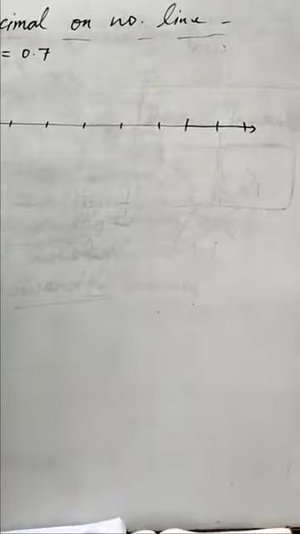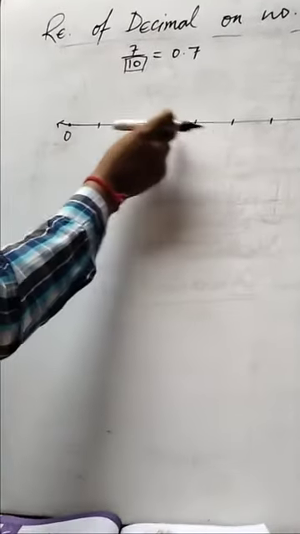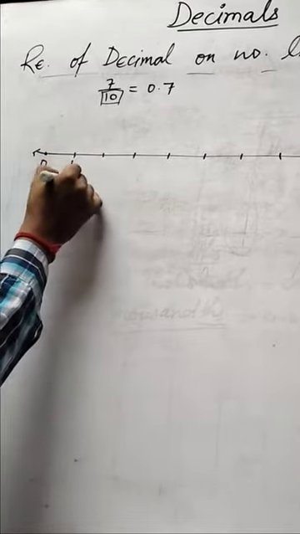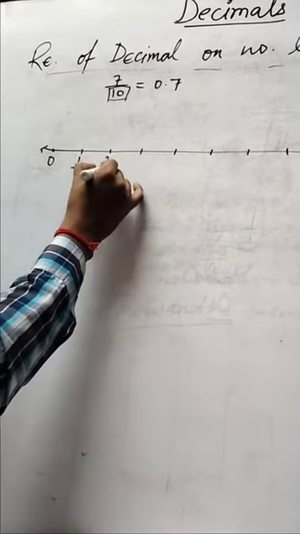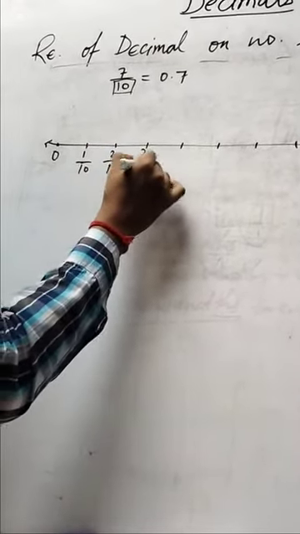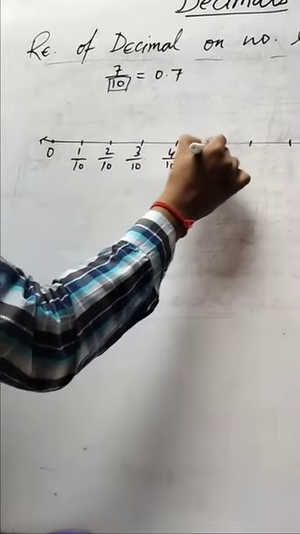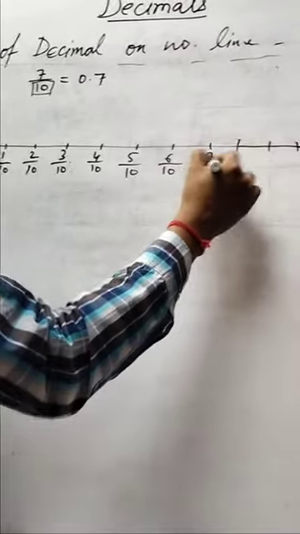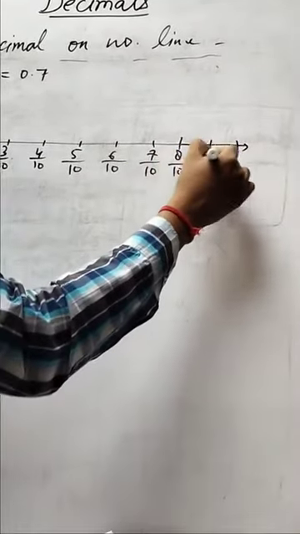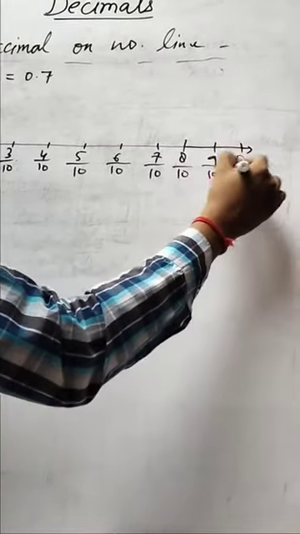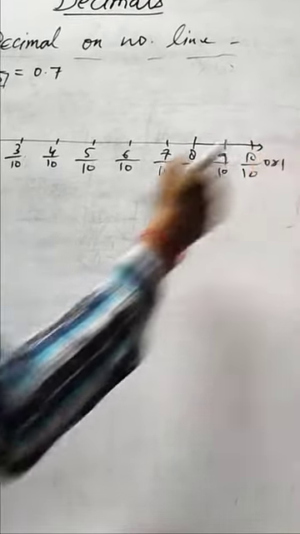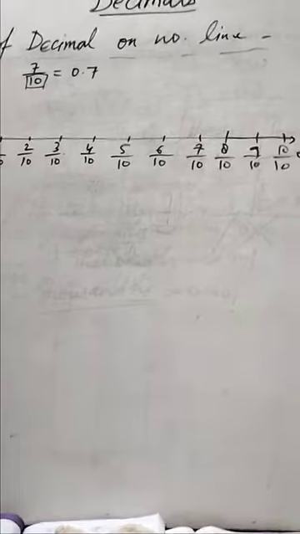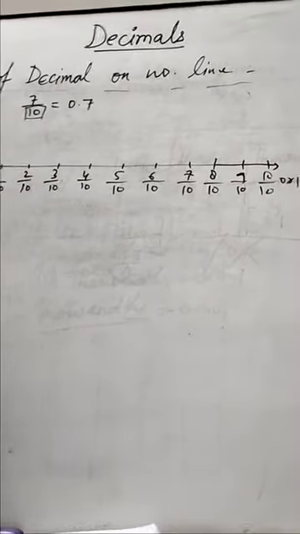Okay, and remember, these parts should be equal, so the distance between them should be equal. So 1 upon 10, 2 upon 10, 3 upon 10, 4 upon 10, 5 upon 10, 6 upon 10, 7 upon 10, 8 upon 10, 9 upon 10, and 10 upon 10, or you can write it as 1, because the numerator and denominator have the same number, so you can say 1.